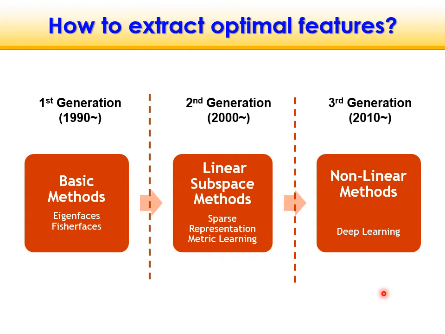So for face recognition, just keep in mind that deep learning, especially convolutional neural networks, or variations of them, are clearly the state of the art and much better than the other approaches. Just for historical reasons, I briefly introduce the first and second generation, these basic methods and some more advanced methods applied to face recognition.